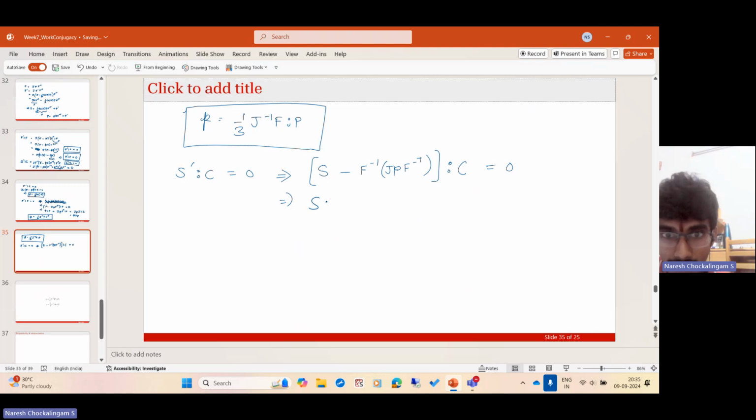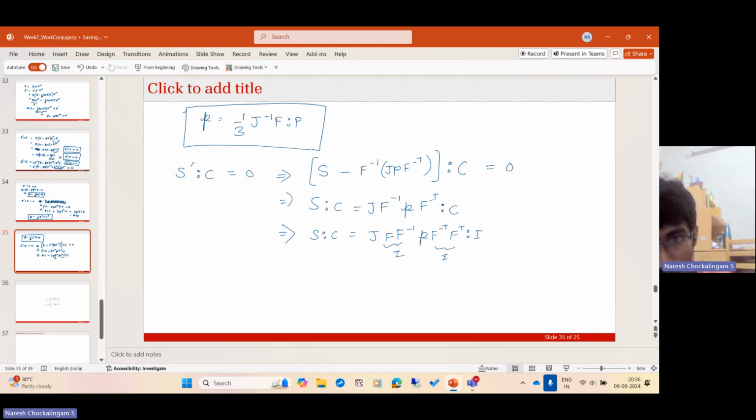So which means S contracted with C is equal to F inverse J can come out, P F inverse transpose. So to carry these to the other sides, you get, wait a minute, F inverse transpose contracted with C, which means S contracted with C is J. Here we have an F transpose F, so you get F inverse P, F inverse transpose F transpose I. So this is identity, this is identity.